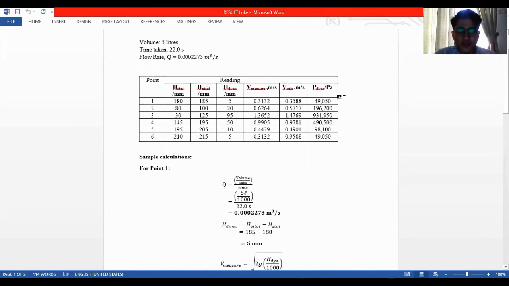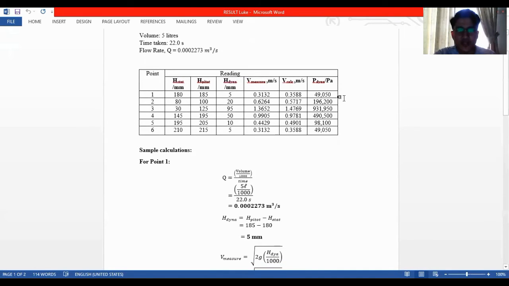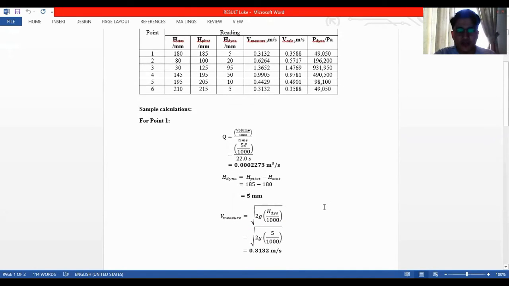Given 6 points, for point 1, H static is 180 and H pitot is 185, so H dynamic is the difference between H pitot and H static. So 185 minus 180, we get 5 millimeters.